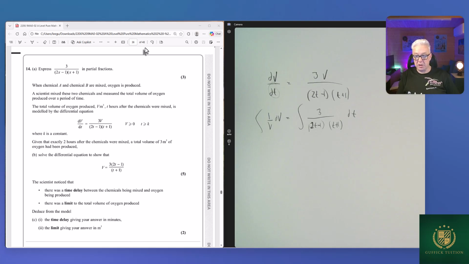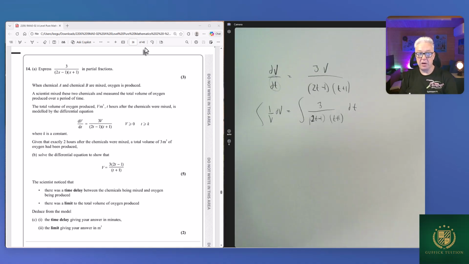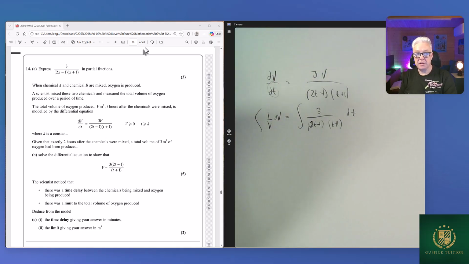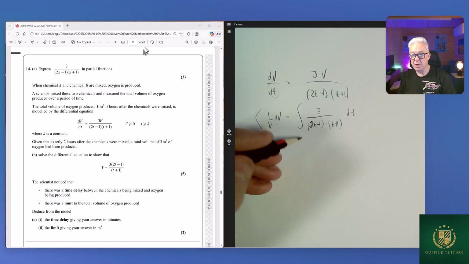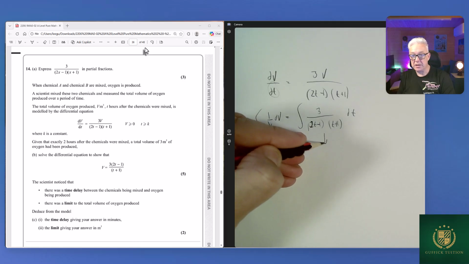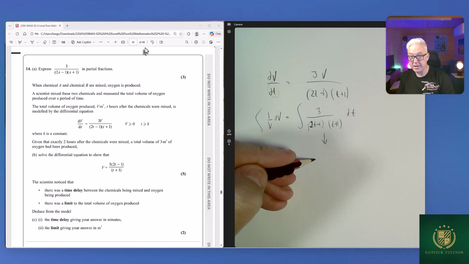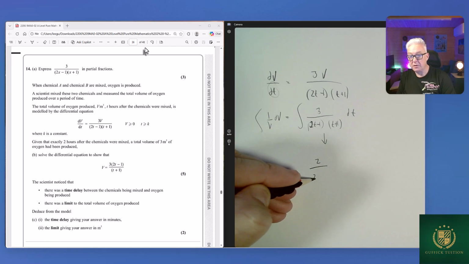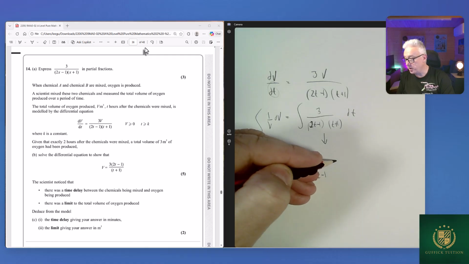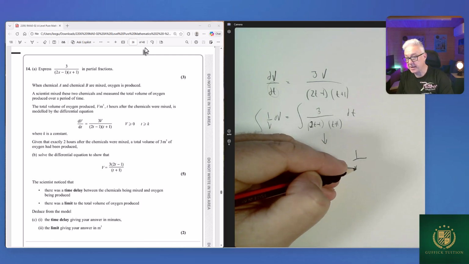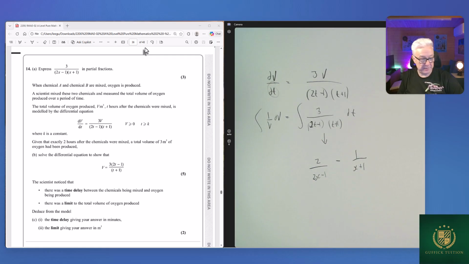And at this point you're going to look and think, okay, what's the link that we've got here now with our part A? And we can see that the link with part A is that the answer to the partial fractions can be put in here now. So integrating this is the same as integrating 2 over 2x minus 1 minus 1 over x add 1. Oops, except it's t, isn't it?